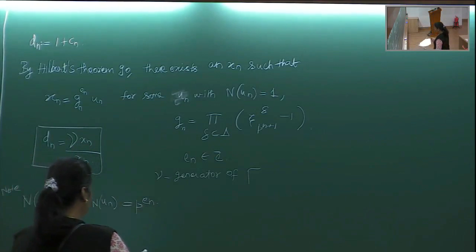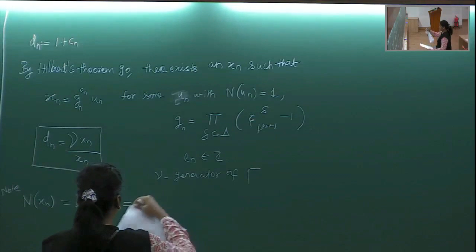The norm of X_n, if you compute, is p to the power e_n, that I will use later.